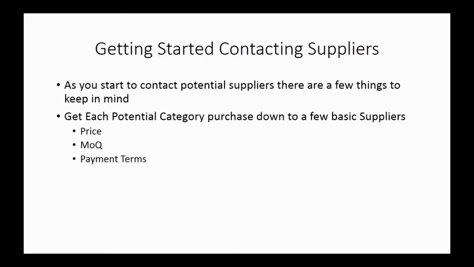You're going to narrow down your suppliers based on payment terms. You want them to be favorable to you and what's going to help you to be able to manage your cash flow. You want to make sure that you have suppliers that you can interact with and that you are developing a good, solid business relationship with. So start narrowing down your potential suppliers on these bases.